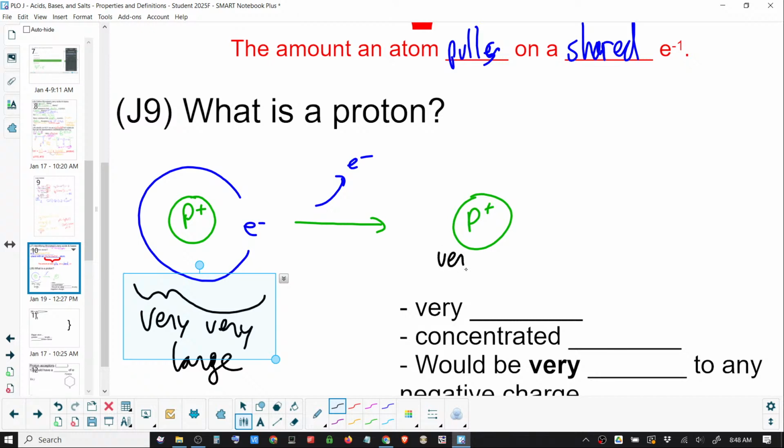And this one is very, very small. It has then a concentrated charge.